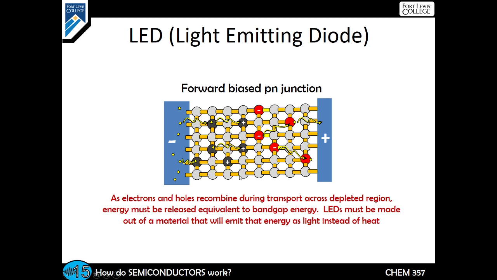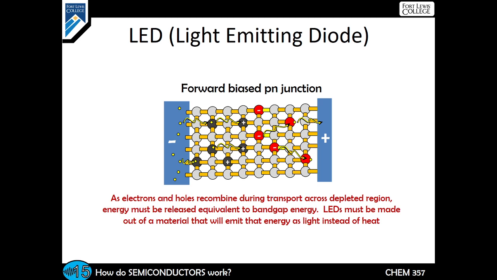And here it is the recombining of these electrons with the holes that ends up releasing light. You have electrons going from higher energy to lower energy states. And if the band gap of your semiconductor is in the range of visible wavelength energies, then you'll emit some of that energy as light.